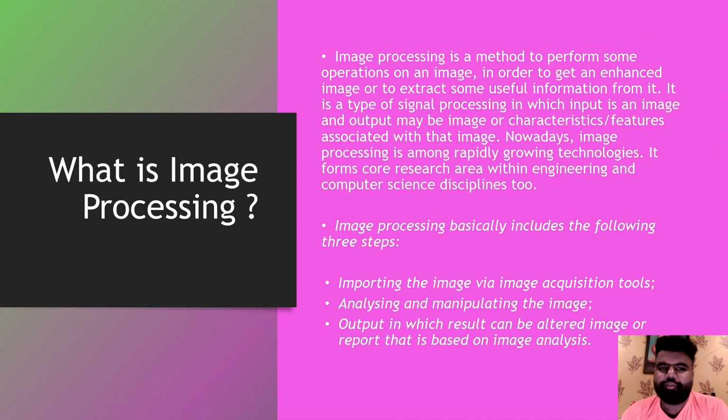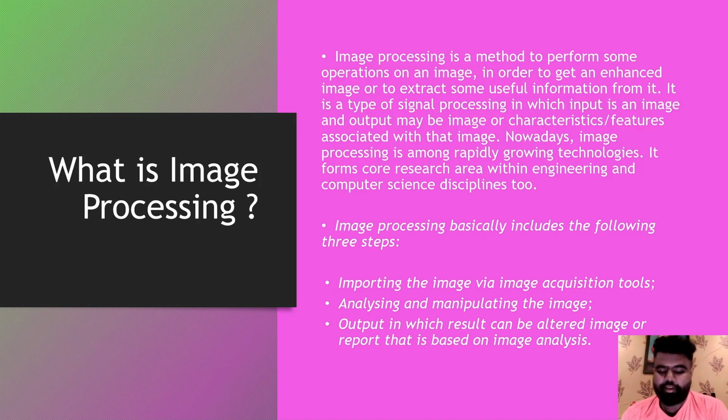First of all, we will start with what is image processing. Transforming an image into a digital format and performing certain operations to get some useful information from it is known as image processing. The image processing system usually treats all images as 2D signals when applying certain signal processing methods.